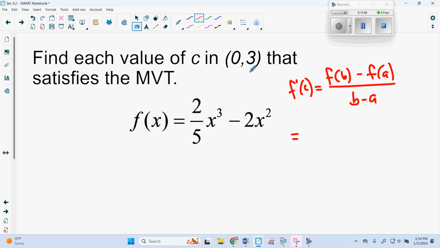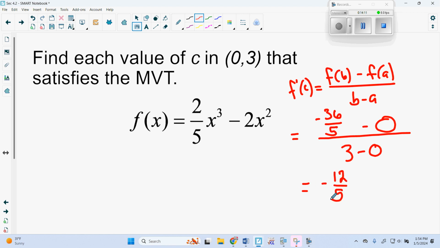If I put 3 into here, I'll have 3 minus 0, minus 0. And if I put 3 in here, 3 squared is 27. And so I get 36 over 5. I had done this ahead of time, which gives me negative 12/5.